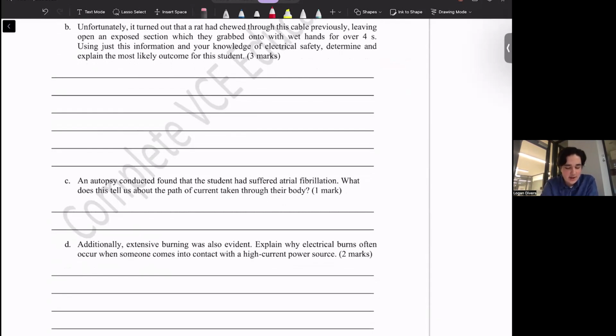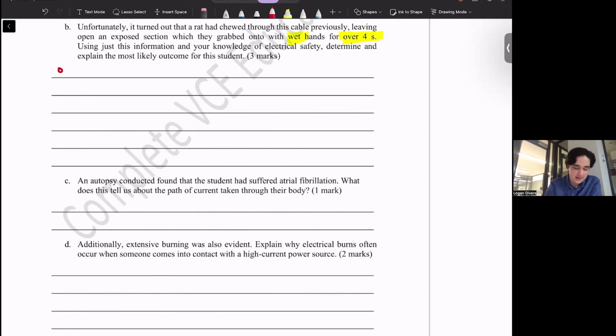Unfortunately, it turned out that a rat had chewed through this cable previously, leaving open an exposed section which they grabbed onto with wet hands for over 4 seconds. Using just this information and your knowledge of electrical safety, determine and explain the most likely outcome for this student. So, what did we say before about 200 milliamps?